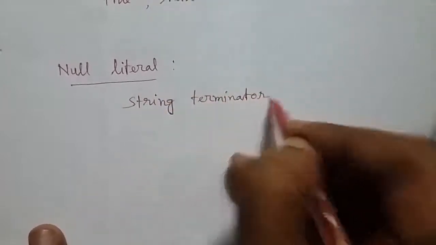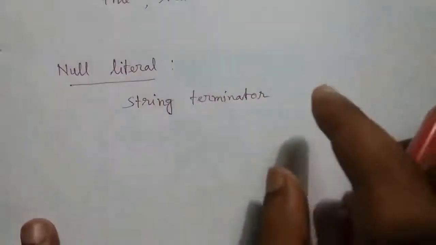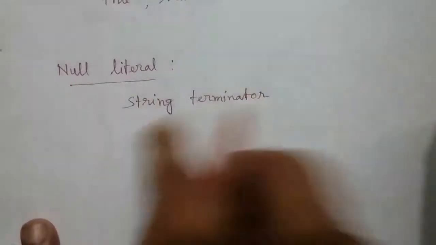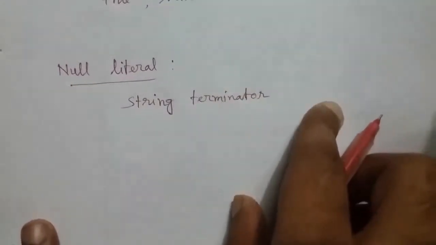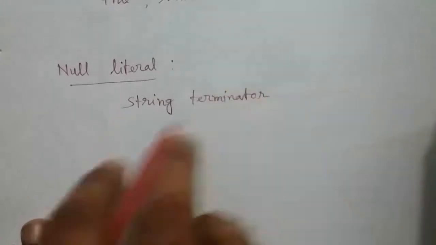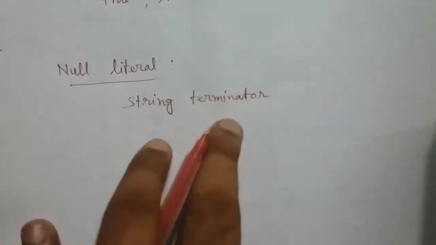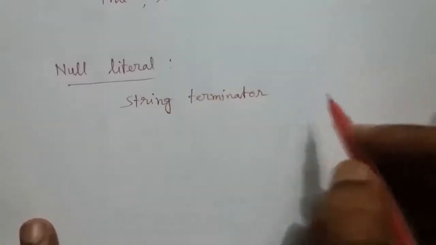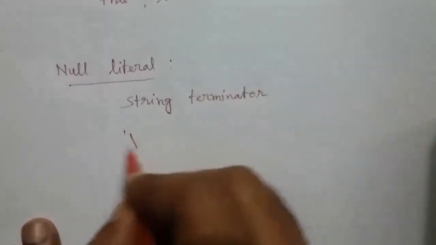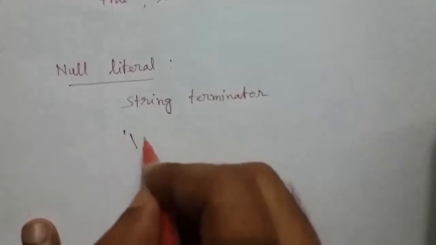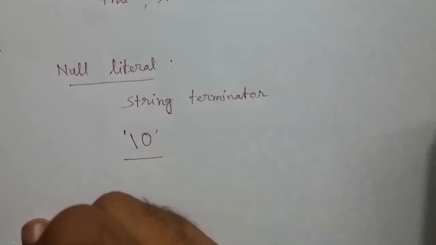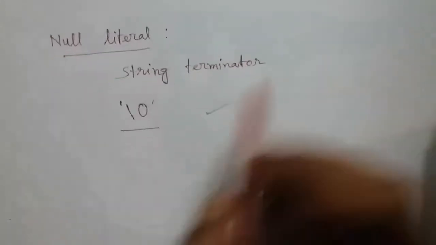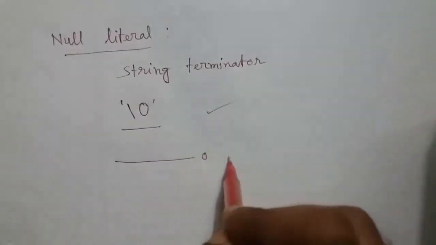Remember this one, as a string terminator to mark the end of a string. So to mark the end of a string, null literal is used as a string terminator, and it is represented as within single quote backslash then 0. That is null literal. Okay, so that's all for now.